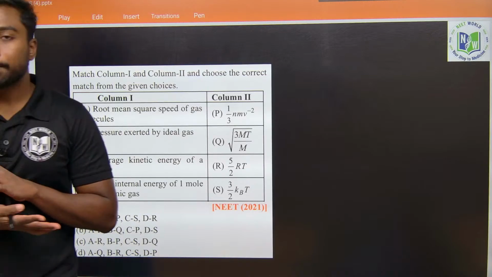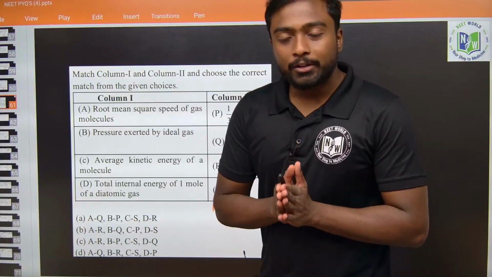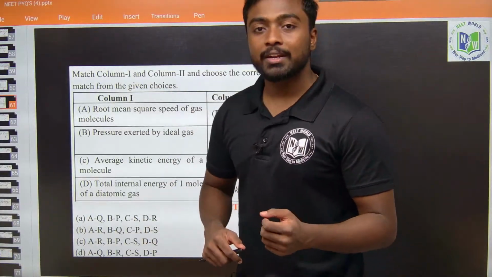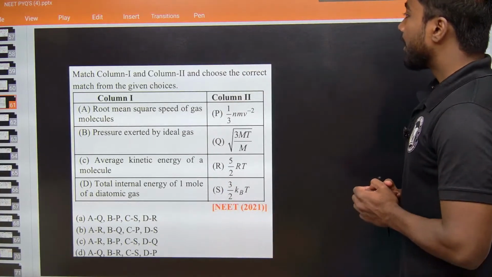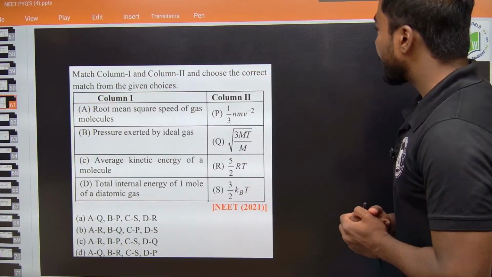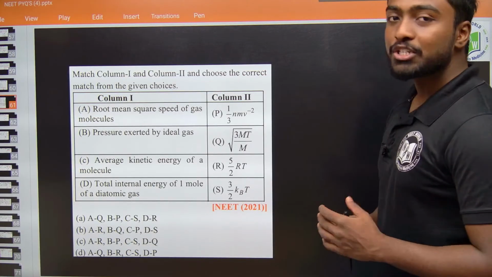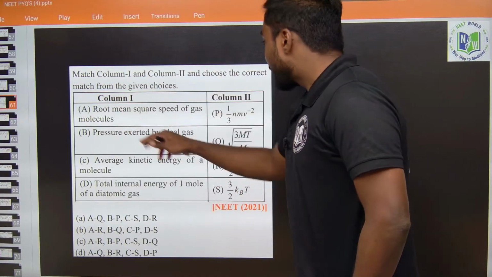Good morning everyone. In today's session we are going to start with the NEET PYQs where we left in the last class. The first question: match column 1 and column 2 and choose the correct matches from the given choices. Column 1 is given like root mean square.